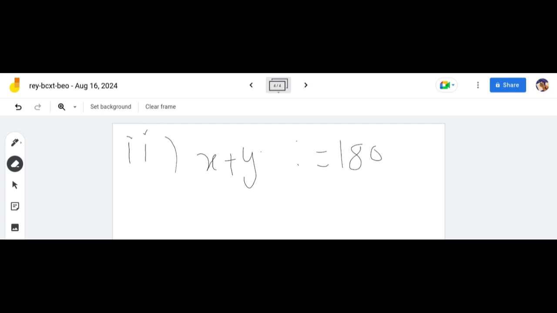Why? Because z is the exterior angle and x plus y are only the interior angles. Okay. So x is the supplementary angle of the 50. So the value of x is 50. Okay. 50 plus y is equal to 180. So now I have to do the subtraction.